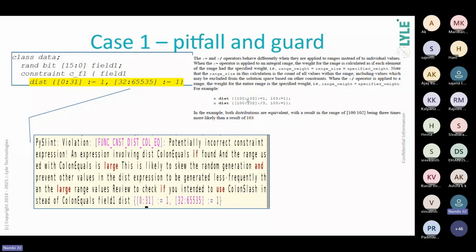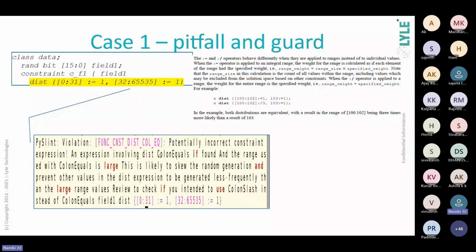But in the second case, you're giving the total weight divided by the number of elements in the array. So the distribution is across the array and not for individual elements of the array.